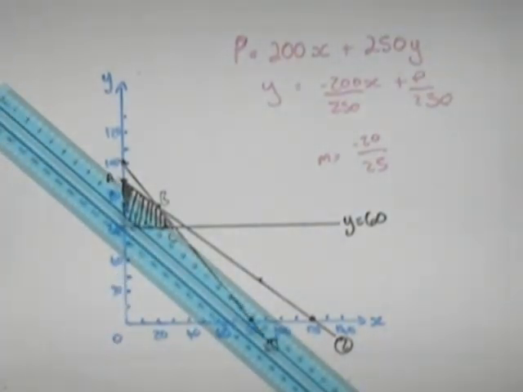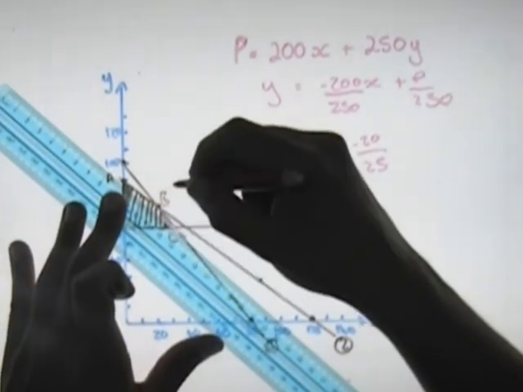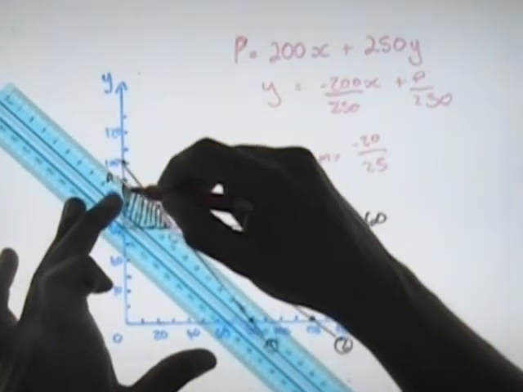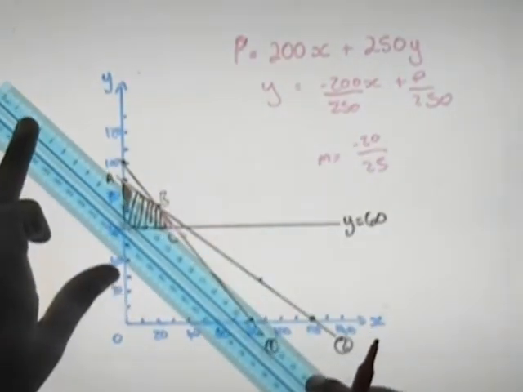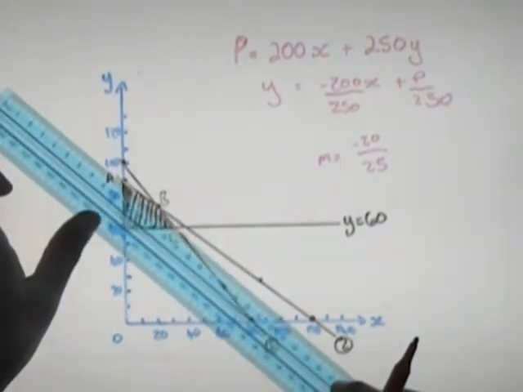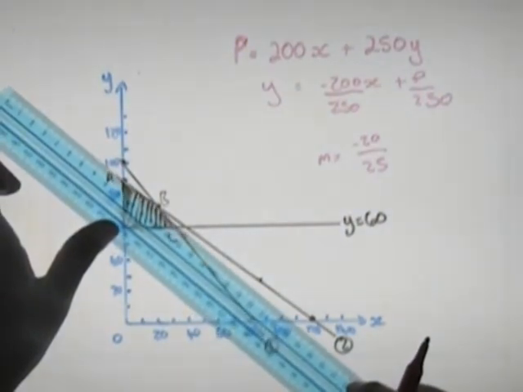I'm then going to take that and shift it up, and let's see where it intersects. It touches point C. The only problem though is it goes straight into our feasible region, and the same thing will happen with A. It will touch it, but it will go into our feasible region. The problem with that is that it doesn't give us our maximum point.